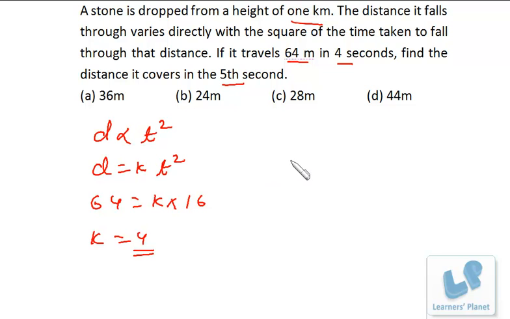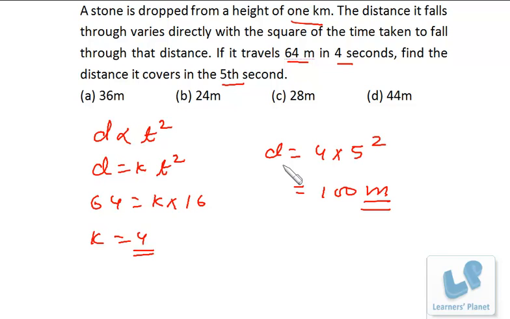Now we have to find out the distance that the stone is covering in the fifth second. Now let's put the value over here. d is equal to 4 into 5 square. So it is 25 into 4, 100 meters.